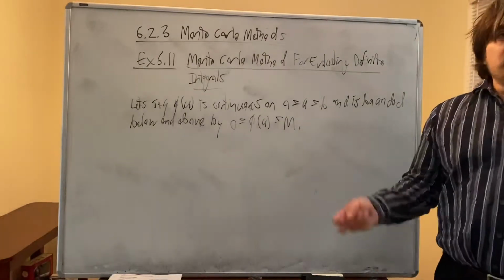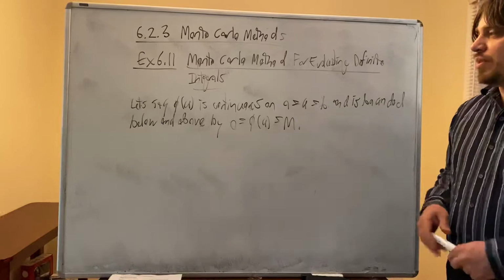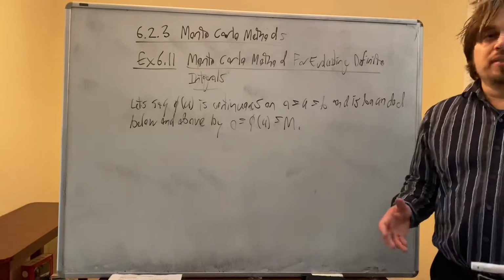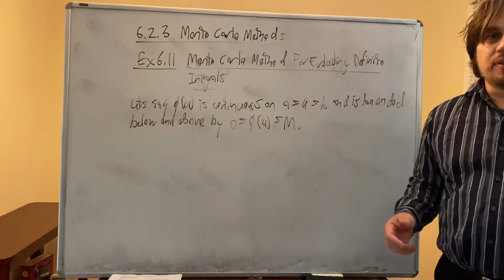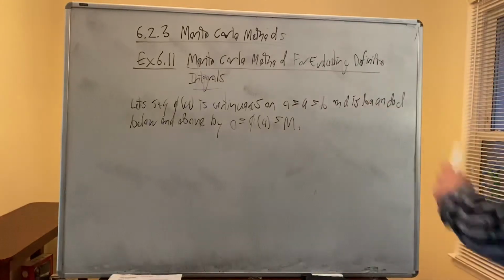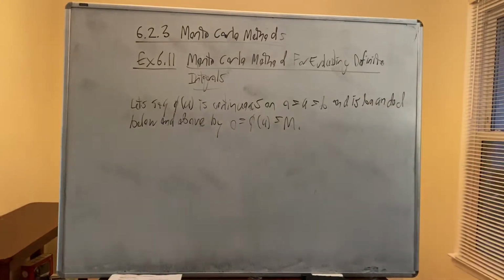So we're going to find a definite integral, or estimate it, by making random choices. I'll show you what I mean. Let's say phi of u is continuous on this interval and is bounded below and above by that.